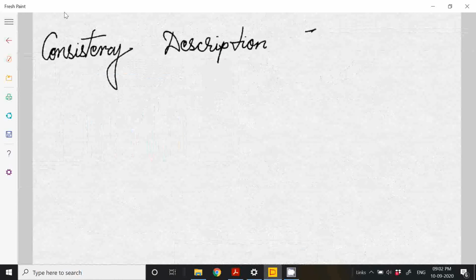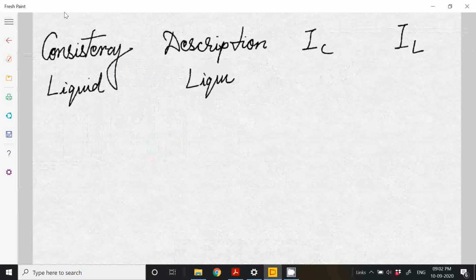Four columns will be there: IC and IL. So consistency, it is liquid. Description of the soil will be liquid. For liquid, IC is less than 0 and IL will be greater than 1.